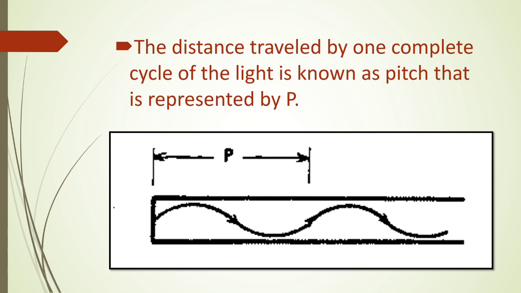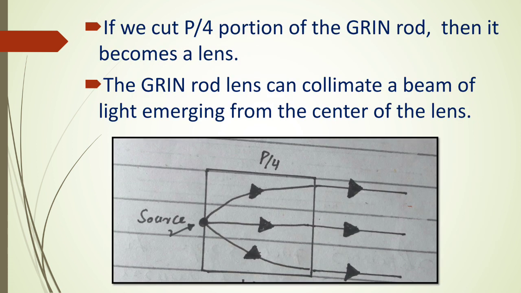The distance traveled by one complete cycle of the light is known as pitch, and pitch is represented by capital P. If we cut P by 4 portion of the GRIN rod, then it becomes a lens. This lens can collimate a beam of light emerging from the center of the lens.